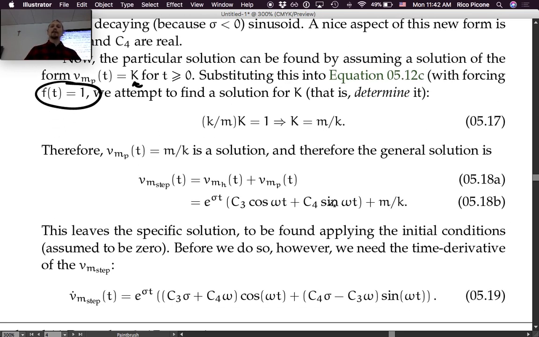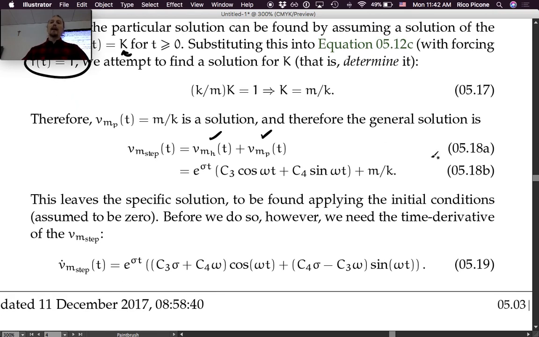So it is a solution, and therefore the general solution is the sum of these two, the homogeneous solution that we have and the particular solution that we just found, and we get this. So this is the general solution, right? I'm saying VM step because our forcing function right now is just the unit step. We're going to have to use superposition to find the full function.